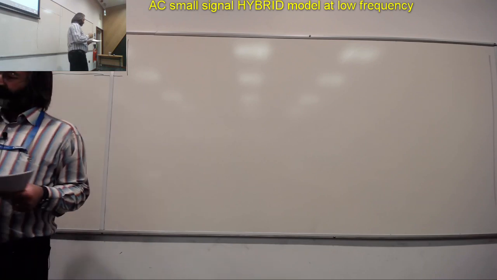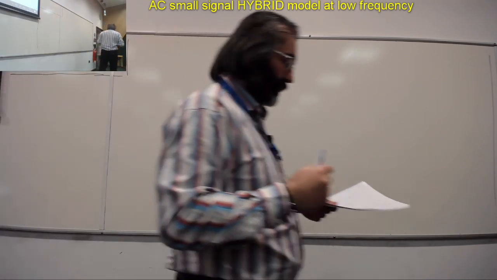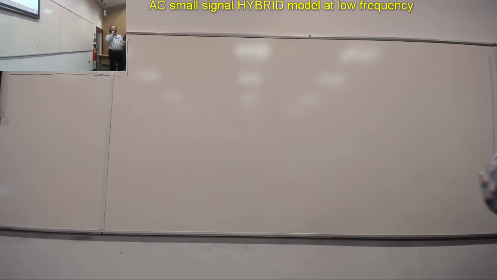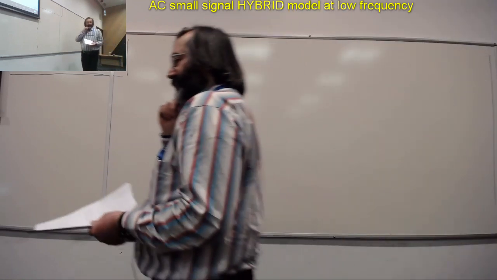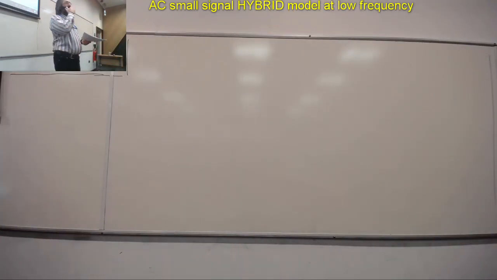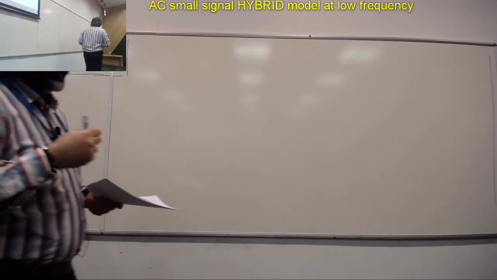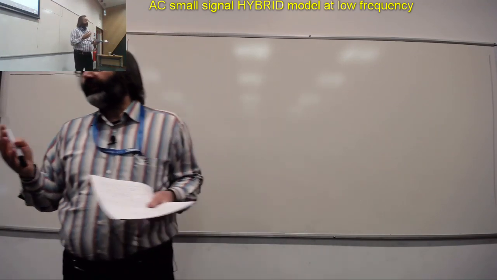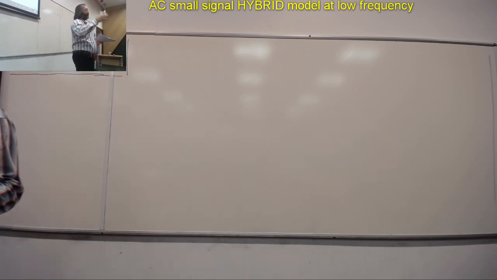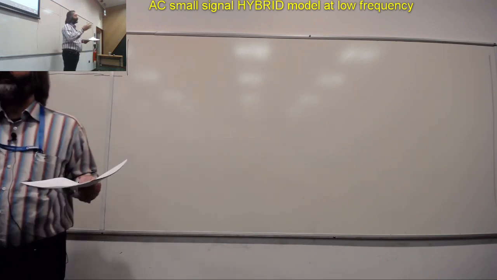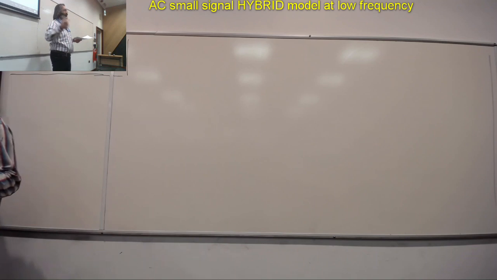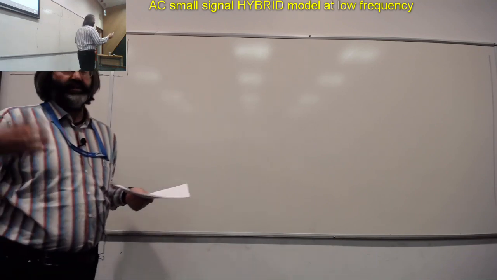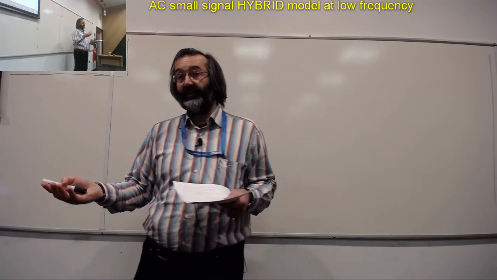So let me see if I'm forgetting anything in my opening statement. Oh, well, the only thing I would like to add is, remember, the common emitter we are focusing on is just one of the many modes the BJT can be operated in.